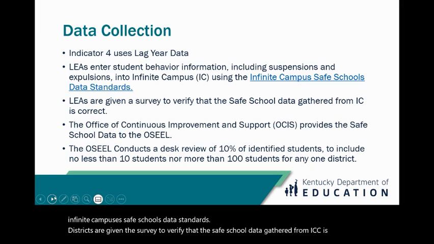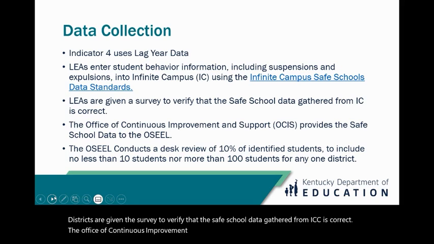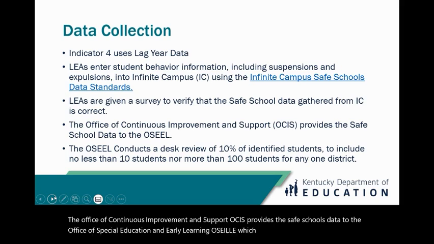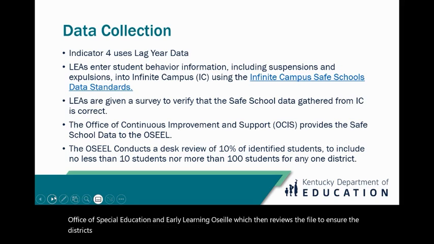The Office of Continuous Improvement and Support, OCIS, provides the Safe Schools data to the Office of Special Education and Early Learning, OSEEL, which then reviews the file to ensure the districts have submitted all required data.